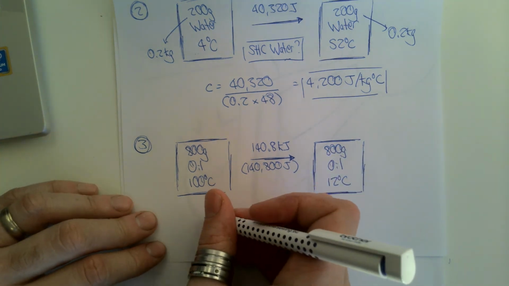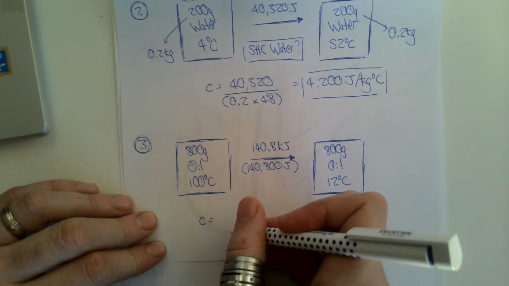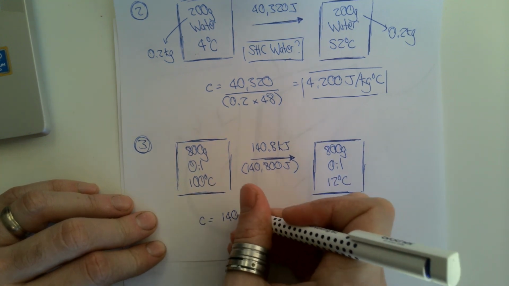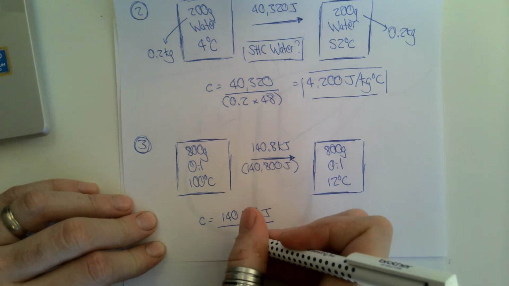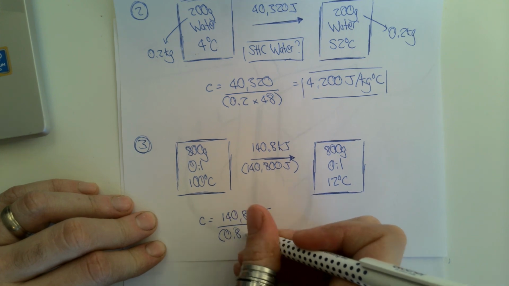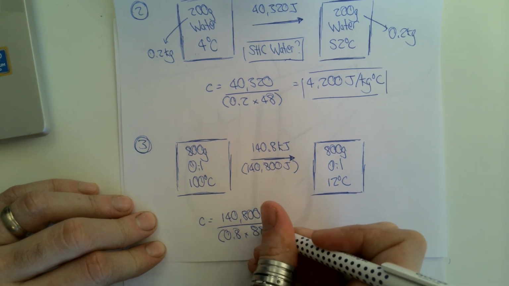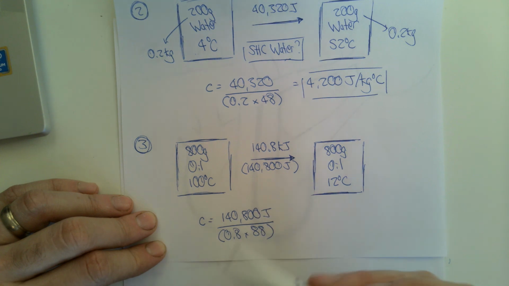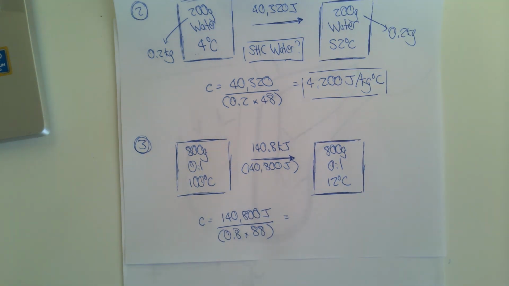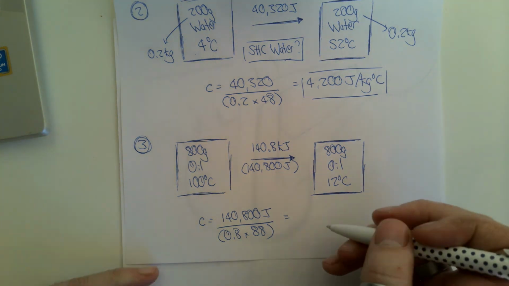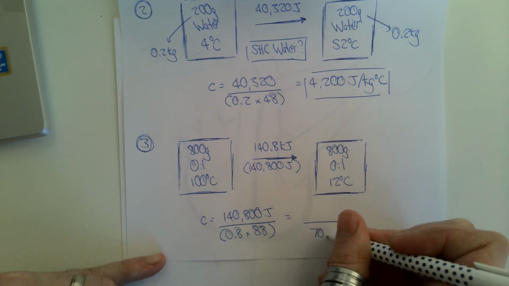I put those numbers into the equation. C equals 140,800 joules divided by 0.8 times 88, because the difference between 100 and 12 is 88. If you put those answers into a calculator and see what we come out with. So 0.8 times 88 gives us 70.4.